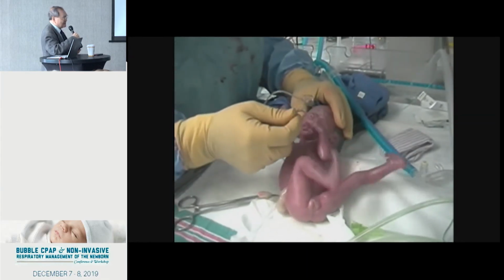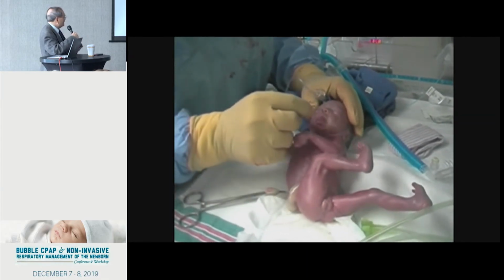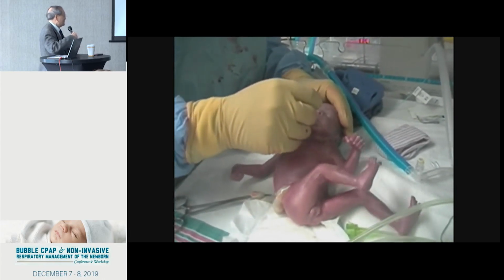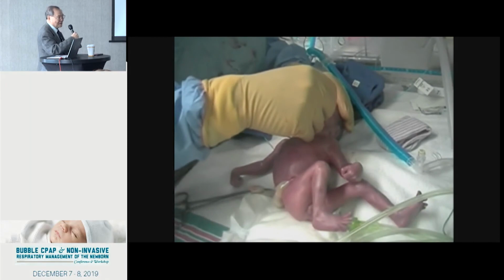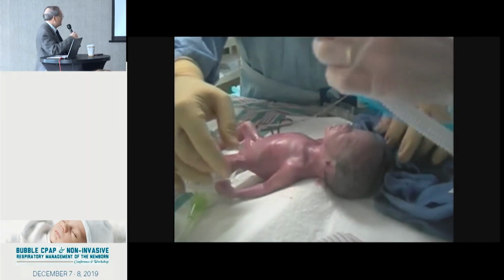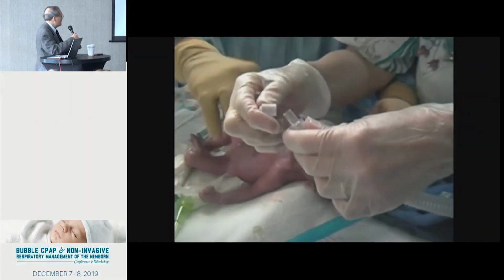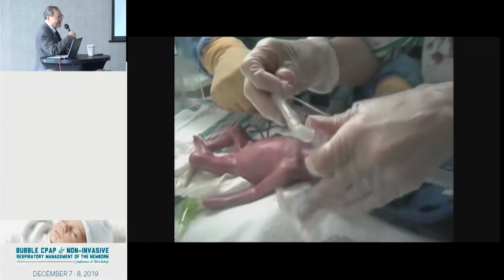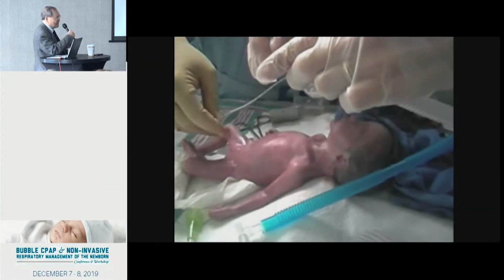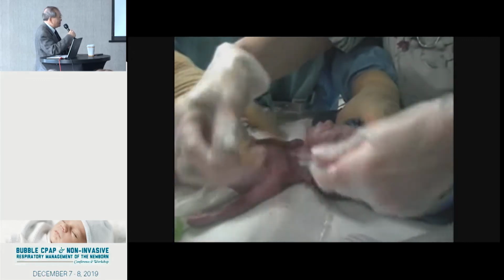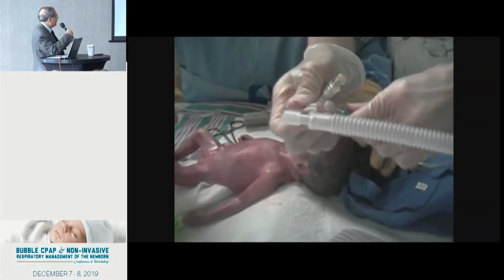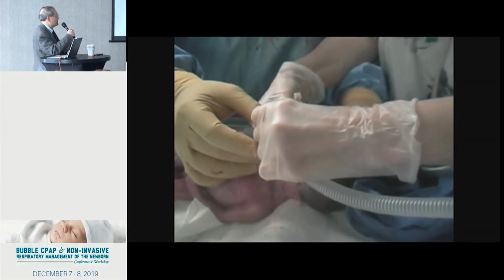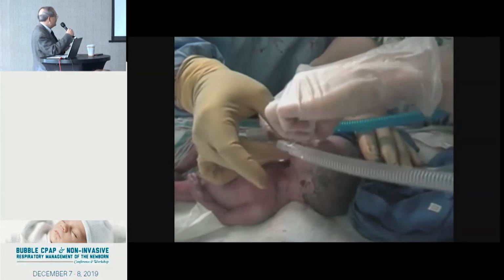So you resuscitate, and when they recover, they can move like that, it's okay. So, 700 grams is not small for us. I think the nurse will take a little bit longer to suction, okay? And now the baby becomes depressed again. So at this point, you can just stimulate the baby, or you pick up the ambu bag again, get him back again, and then put on CPAP. Okay.